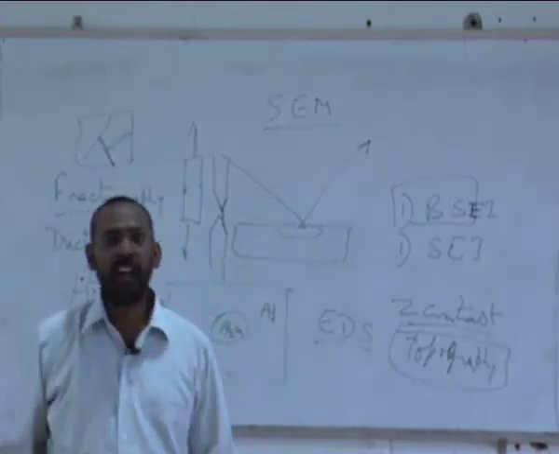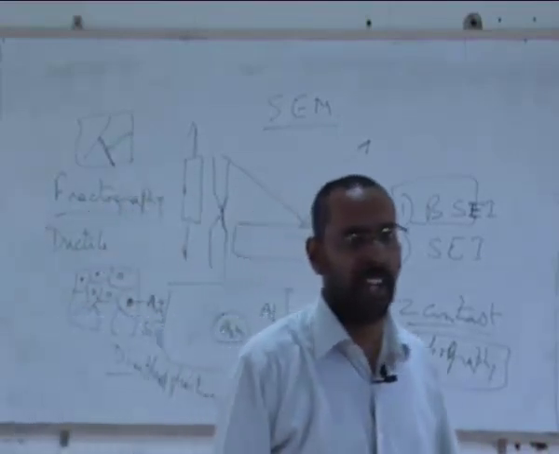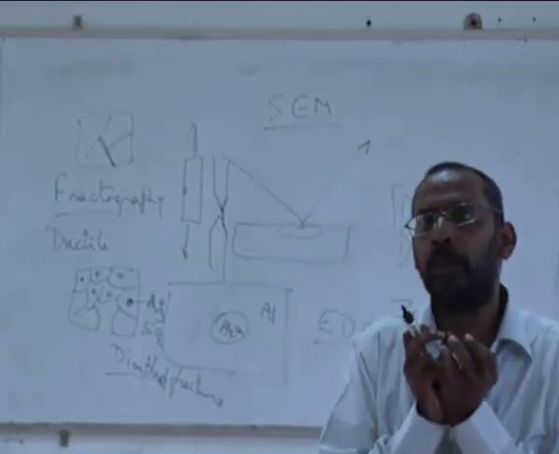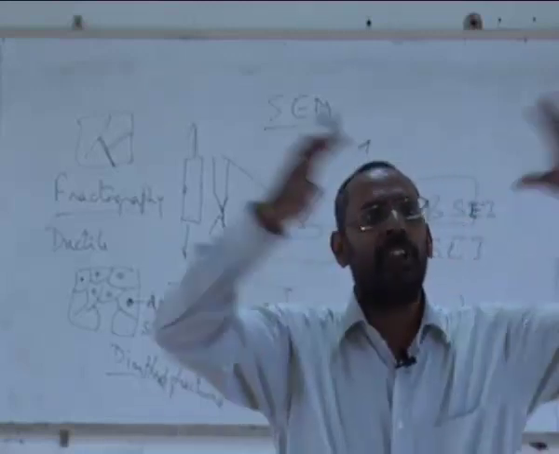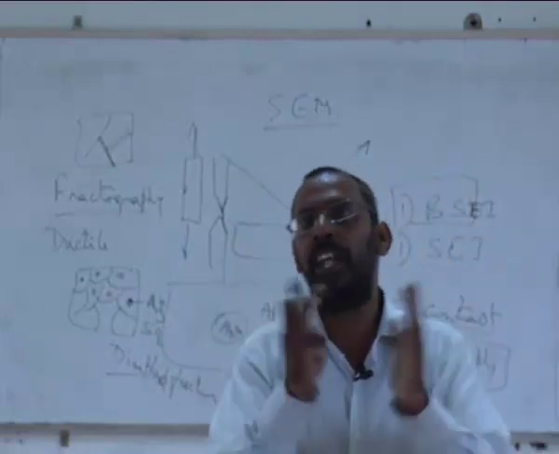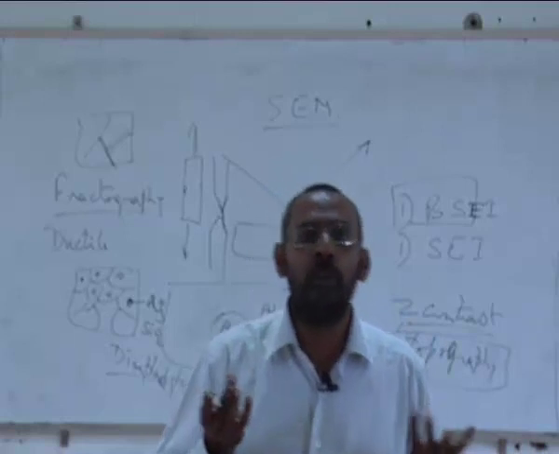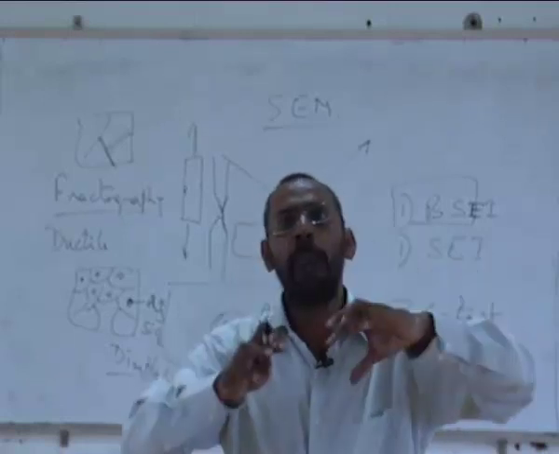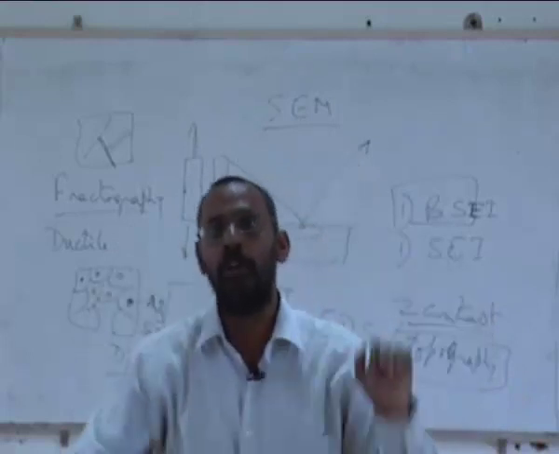Have you heard of this? This is called sensitization. Why is it only near the grain boundaries? Because near the grain boundaries, which are more open structures, atoms can easily diffuse. So the carbide formation near the grain boundary is easier. Carbon and chromium can diffuse easily, and as a result, the chromium content comes down.